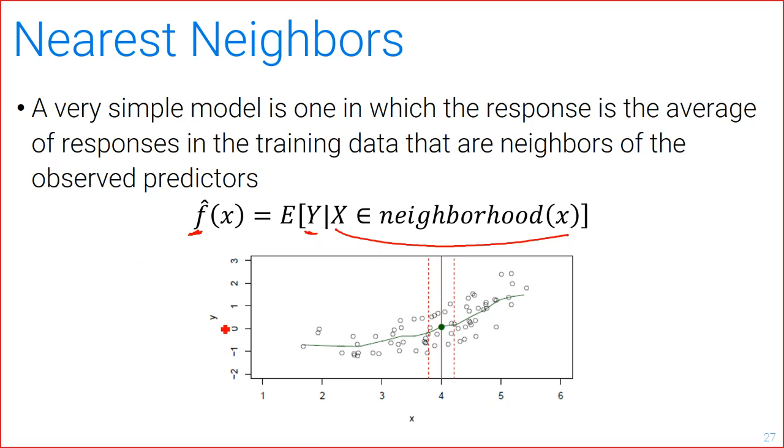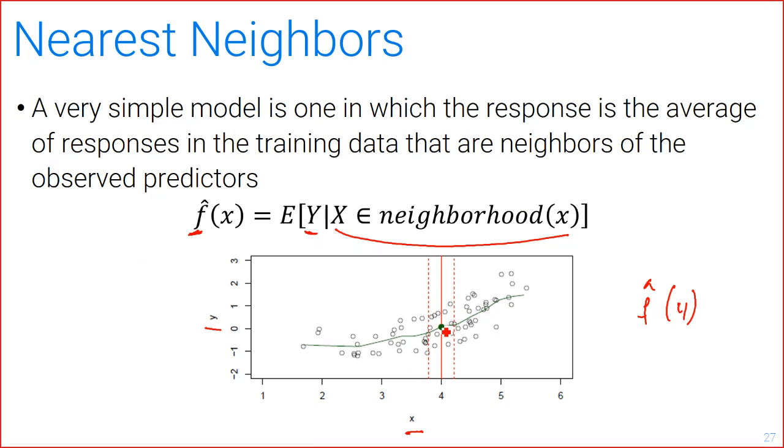So imagine here we have the response and we only have one input variable, one feature. And we are asking about the estimation of the model for x = 4. So what we're asking is what is f of 4? Then what we do is come around here to the training data. Each of these points represents an observation in the training data.